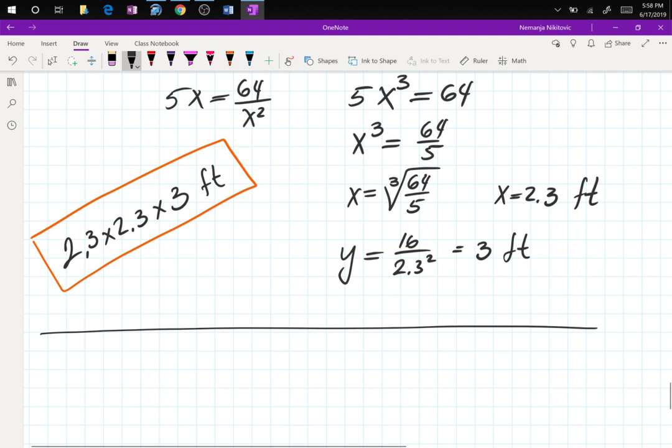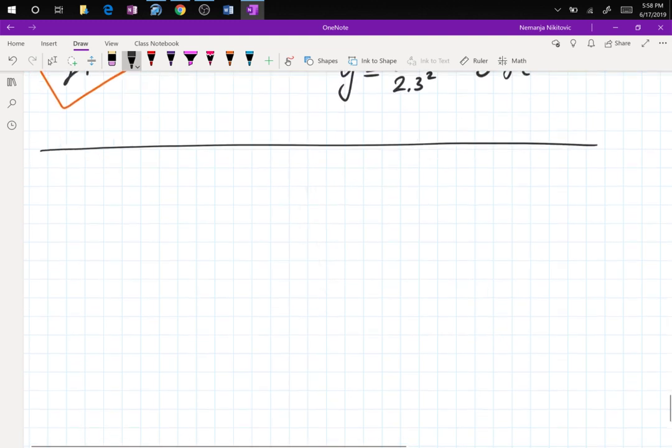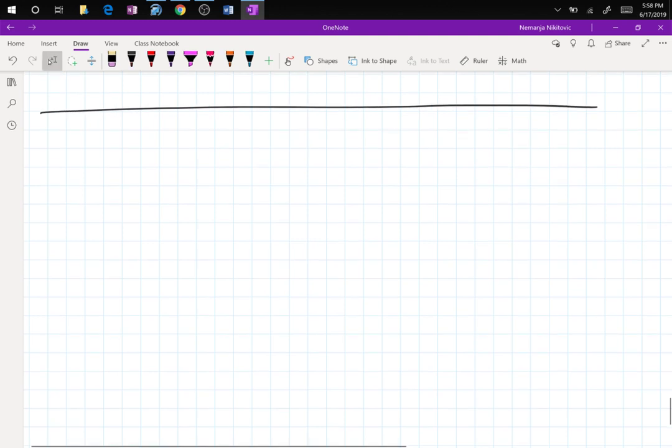Two more problems, and then we are done with this section. They have this problem, they call it optimal garden, and I usually change this because what they have over there, we're actually going to do something better.